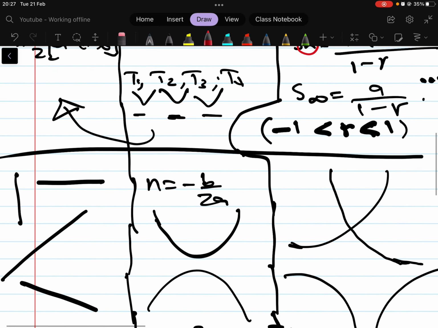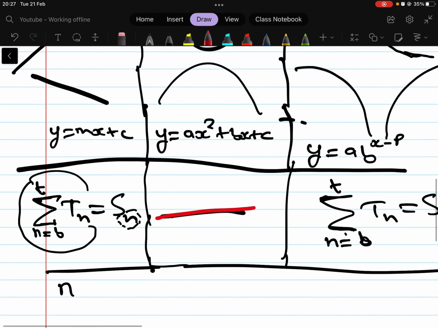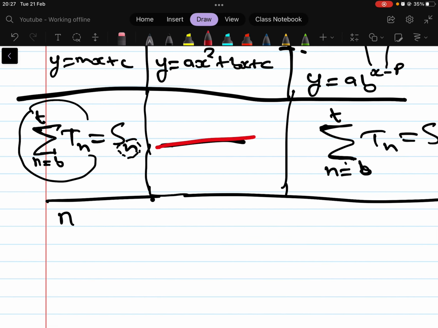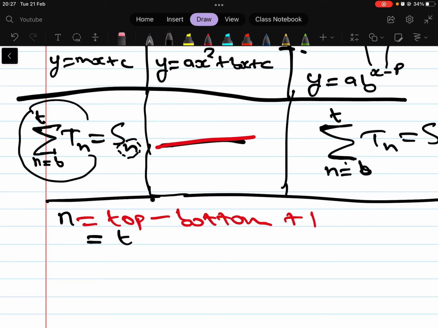Assuming that all that is clear, you should be fine. But remember, the n in an Sn equation equals top minus bottom plus 1. That's the equation you use to get n in the sum equation. That's why I use t for top, b for bottom, plus 1.